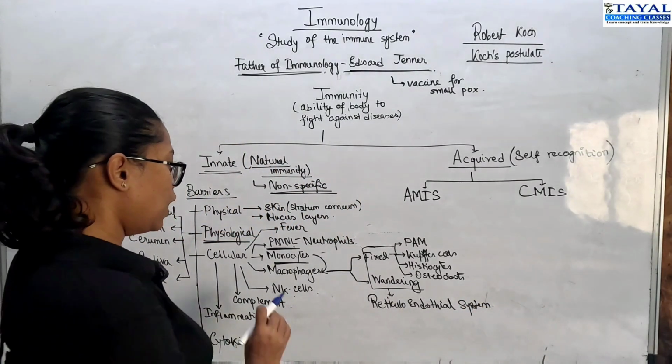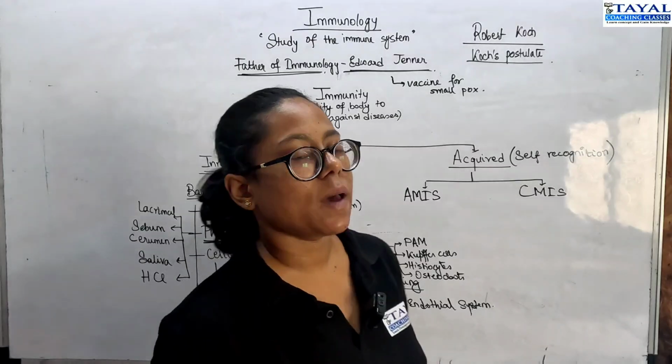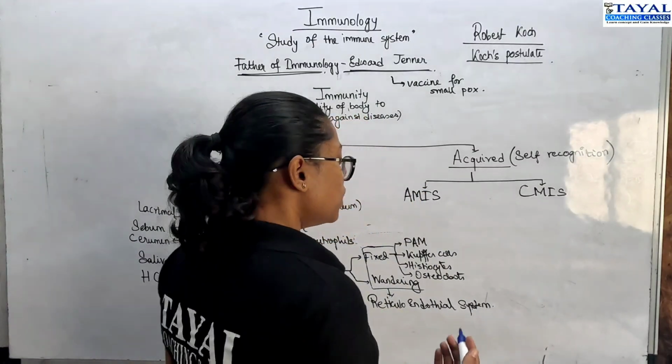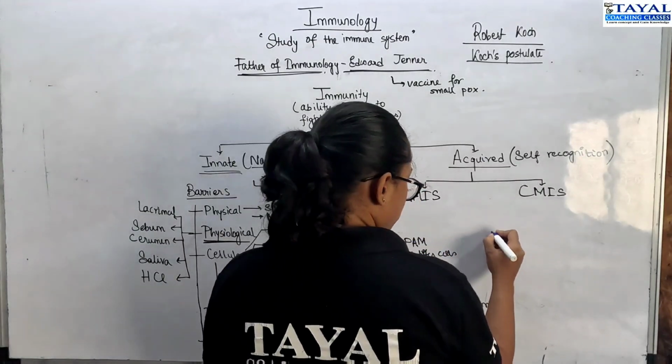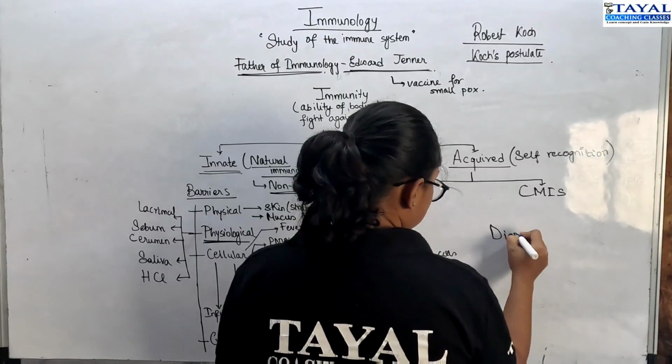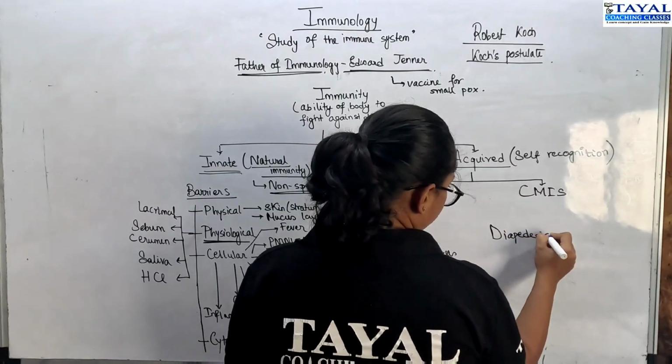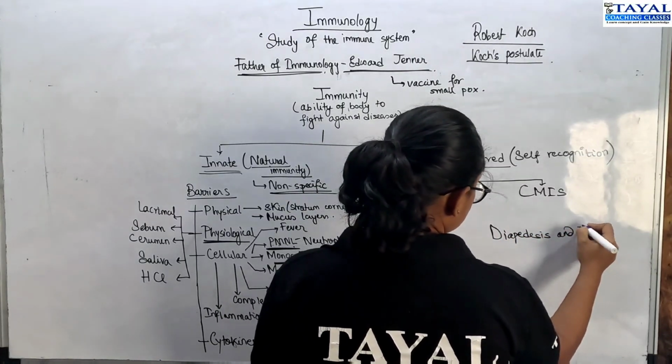Yeah. So now, how do these neutrophils, monocytes and macrophages work? They work by a very simple concept which is known as diapedesis and phagocytosis.